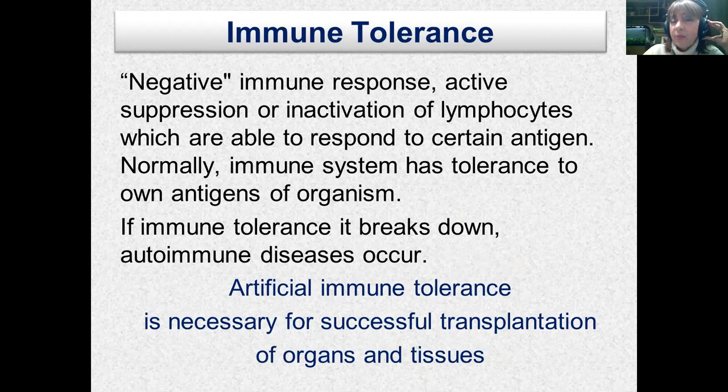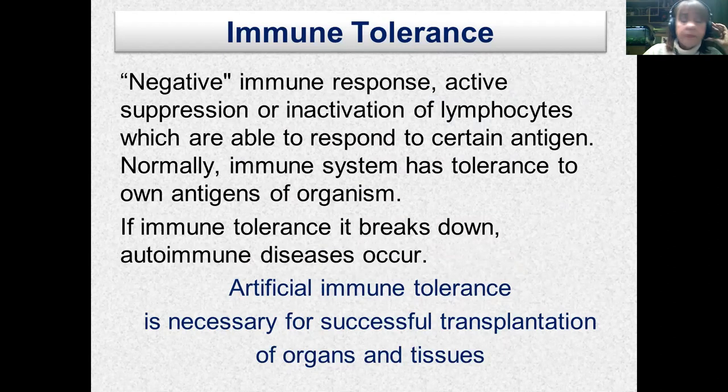It is active suppression or inactivation of some lymphocytes which can react with certain antigens. So normally, the tolerance must be against own antigens. And artificial immune tolerance is also important in clinic, especially for transplantation of organs and tissues.